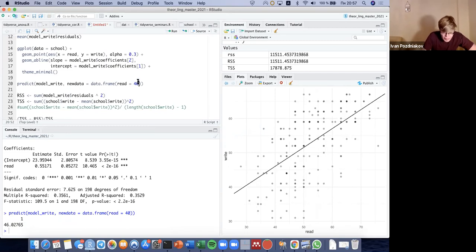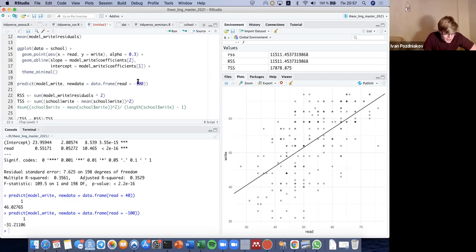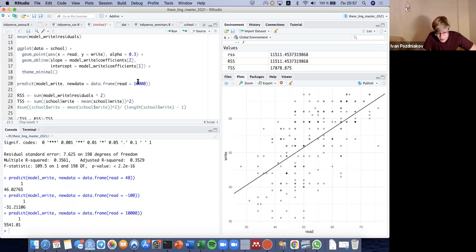You can even try something crazy, like what if you have minus 100, and you will get minus 31, or otherwise, what if I have 10,000 for reading? It's an impossible value, right? And you will get some impossible outcome. It's an important thing about linear regressions that you can interpolate within the data range that you provided, but you cannot extrapolate these results because it will give you some nonsense values.